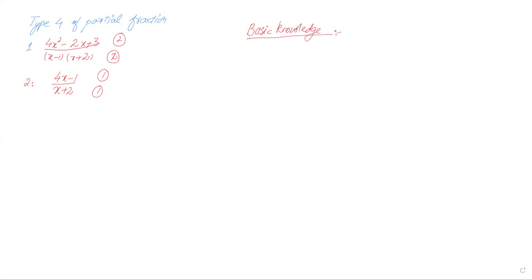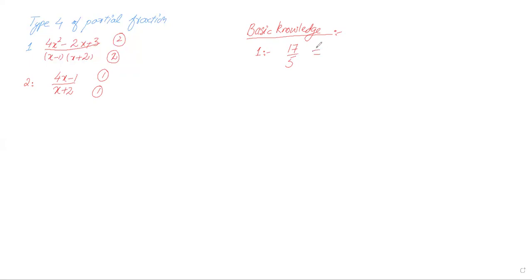I will start the basic knowledge from the lower classes, class 7, 8, 9, or grade 8, 9, 10. Suppose we have 17 over 5. That is an improper fraction because the numerator is greater than its denominator.